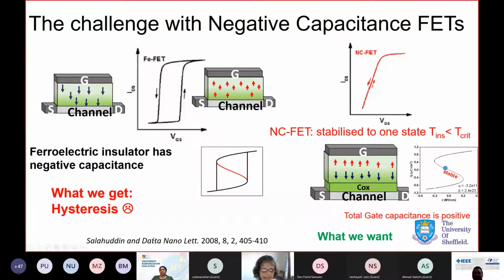To do that, this was proposed by Salahuddin and Datta in 2008. You need to stabilize this transistor in this negative capacitance region by introducing a small or thin oxide capacitor in series with the ferroelectric.